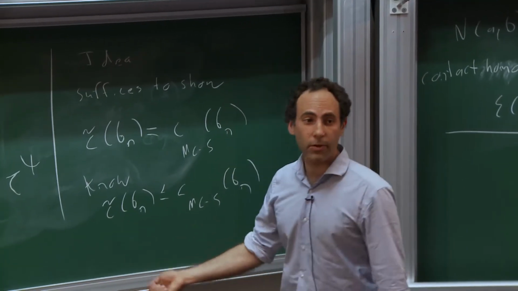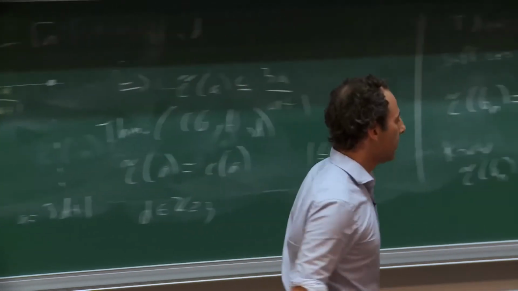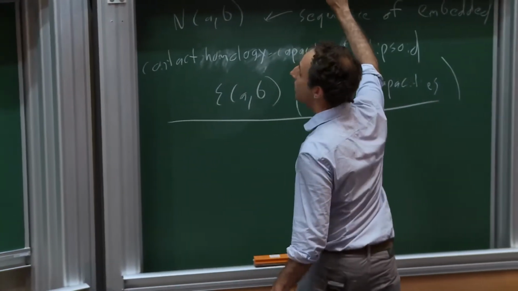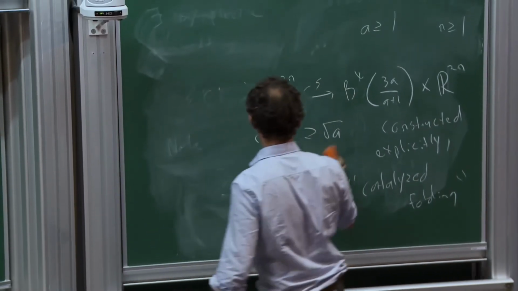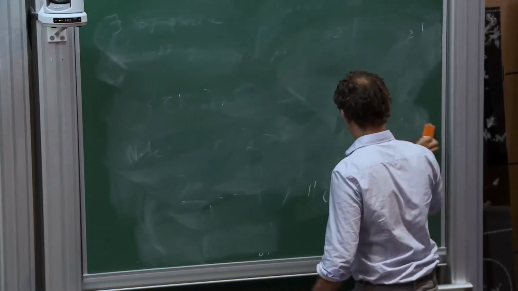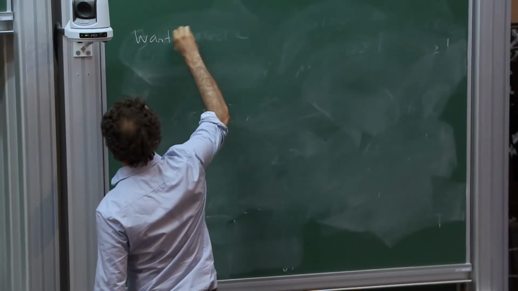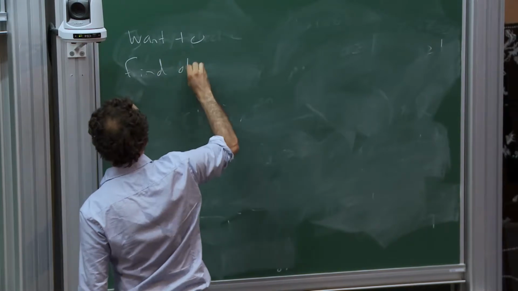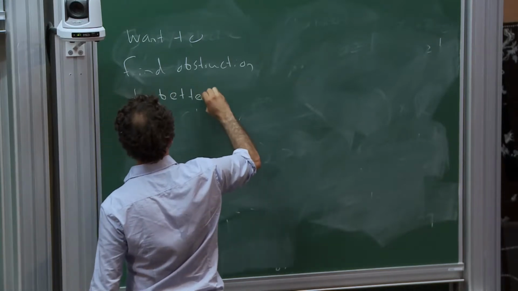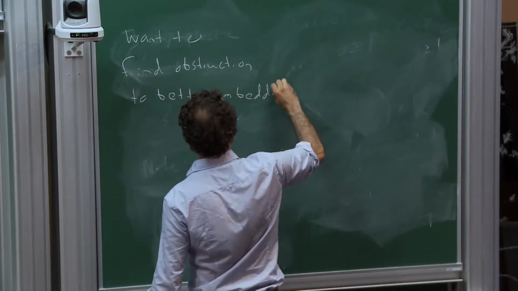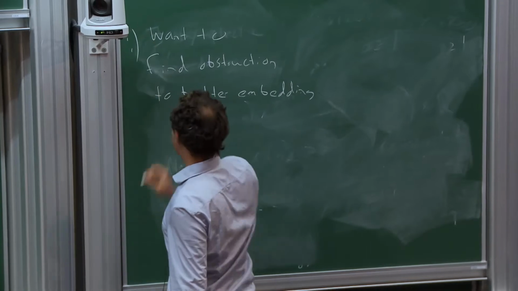So you should think of what we want to do as finding an obstruction to finding a better embedding. Okay, I'm going to make that point 1.